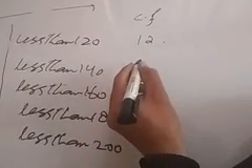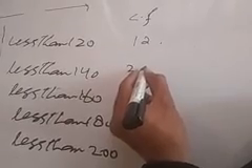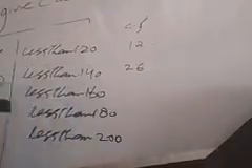Now when I say less than 140, it also includes 120, so you have to add these two: 14 plus 12, 26. So less than 140 means this interval and the earlier 12, because less than 140 also includes less than 120, so you add this 14.